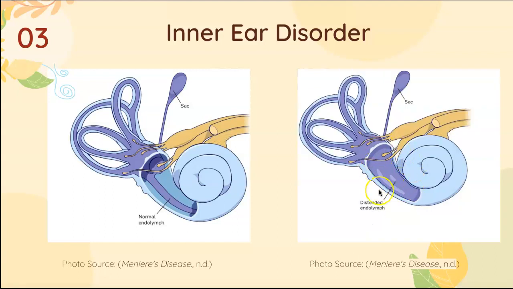So this is Meniere's disease, when there is a lot of fluid in the cochlea, and it can be caused by blows to the head, infections of the inner ear, allergies, or in really rare cases, tumor. And this is per Martin and Clark.